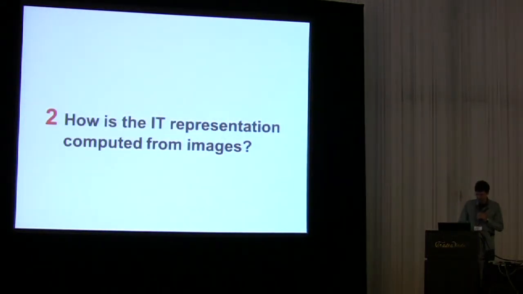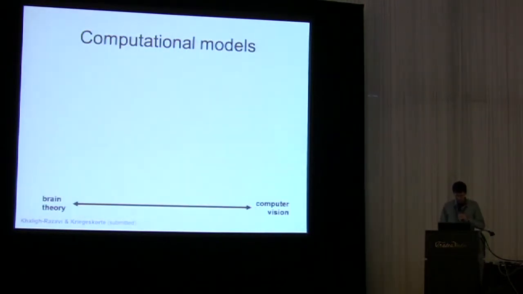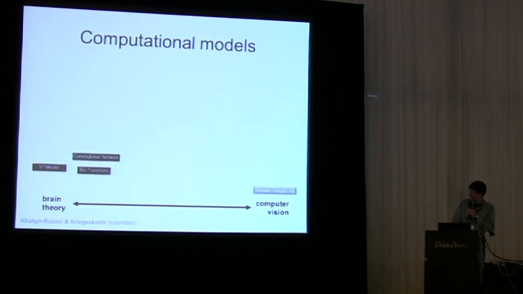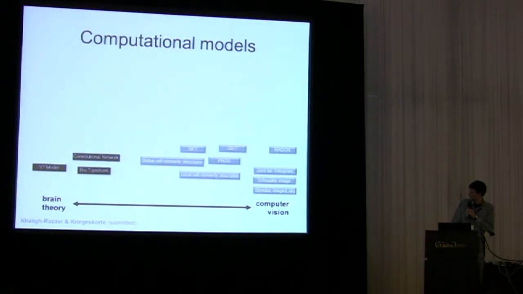So the second question: how is the IT representation computed from images? With my graduate student Khaled Rotsavi, we looked at a range of models, ranging from brain theory models that were neuroscientifically motivated to computer vision models and just simple representations. I don't want to name them all.